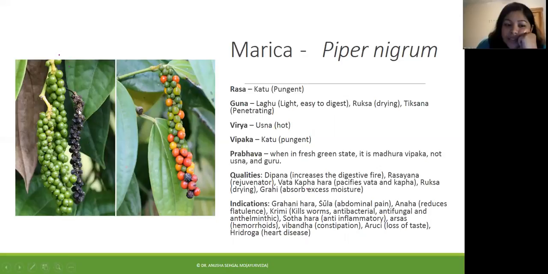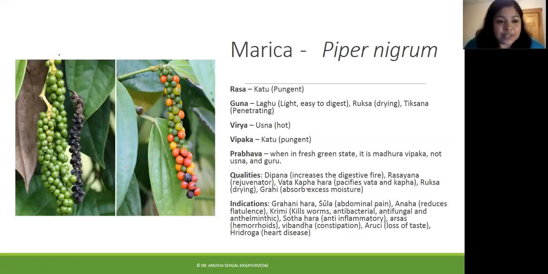Whereas once it turns to this, because even drying changes the properties, okay? We could see the same thing happening with the ginger. When you dry it, it enhances the properties. Similarly here, from the fresh state to the dried state, the dryness actually helps it.